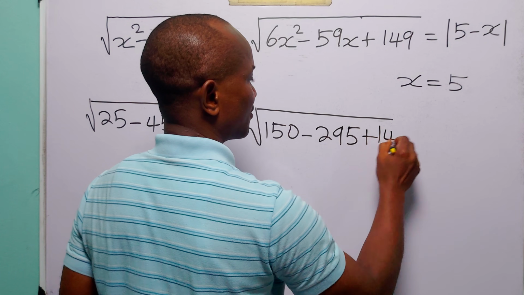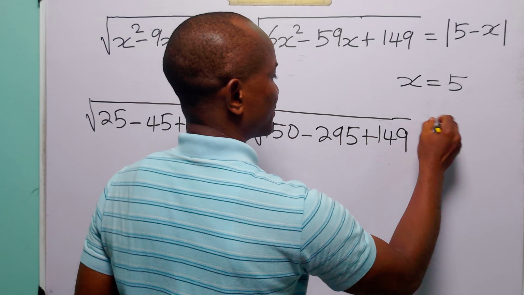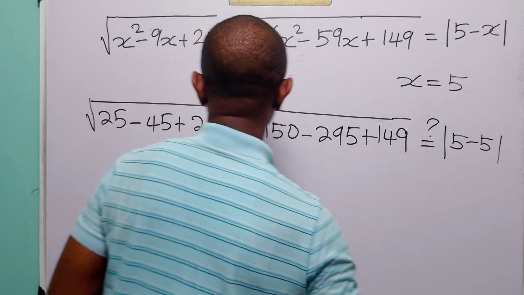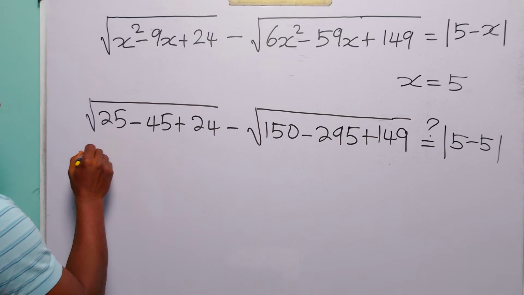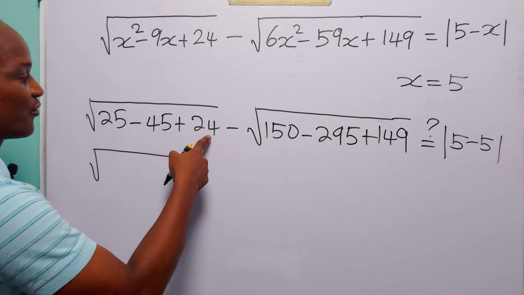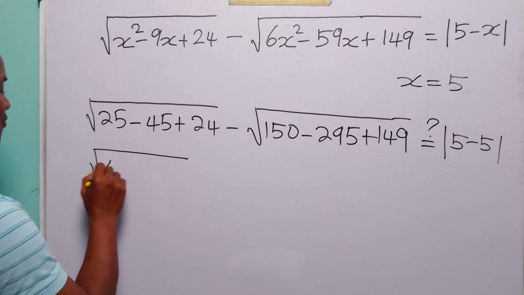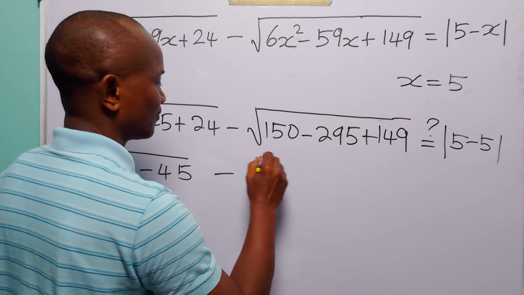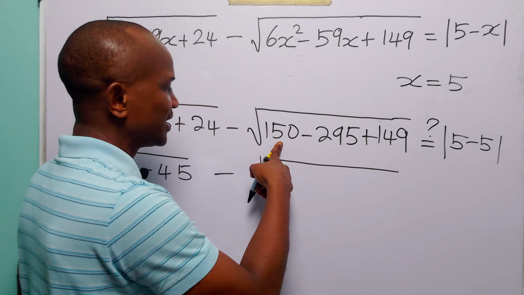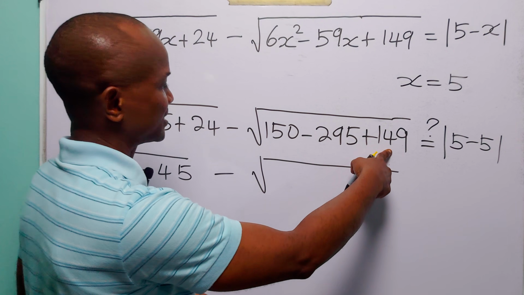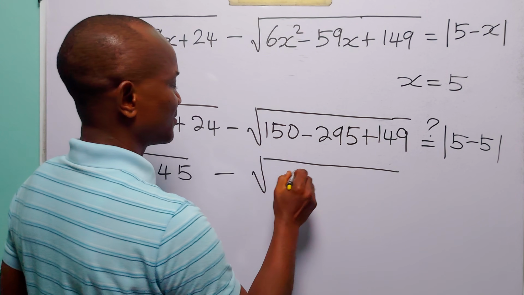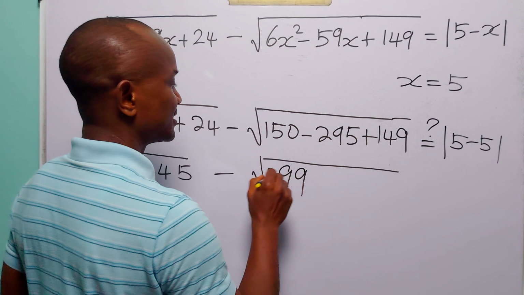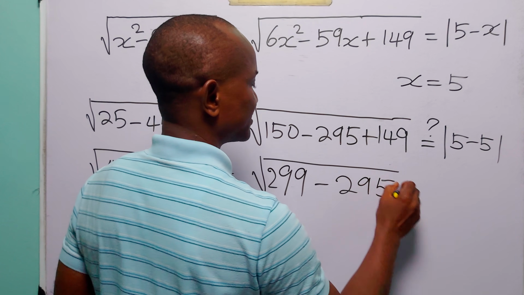Then plus 149. Now, is this equal to the absolute value of 5 minus 5?